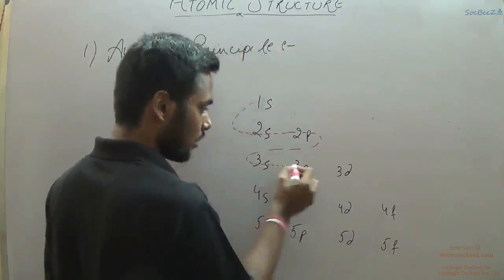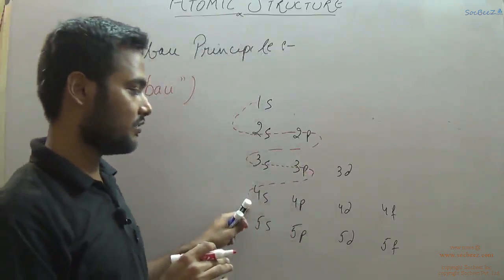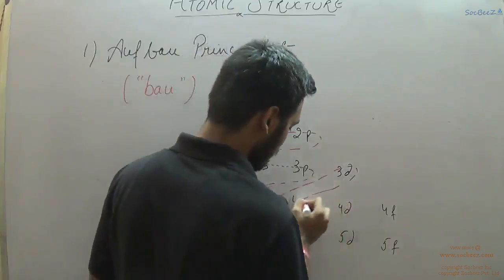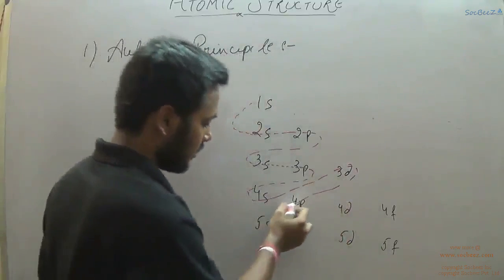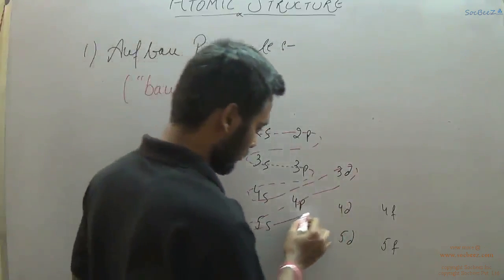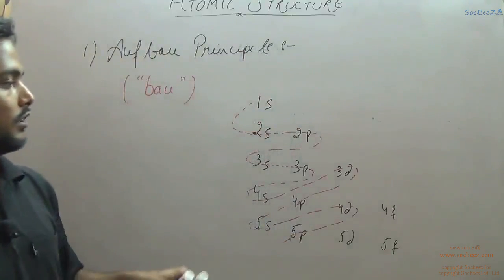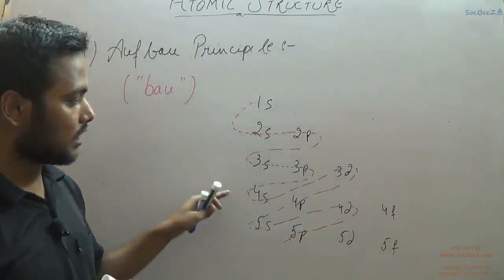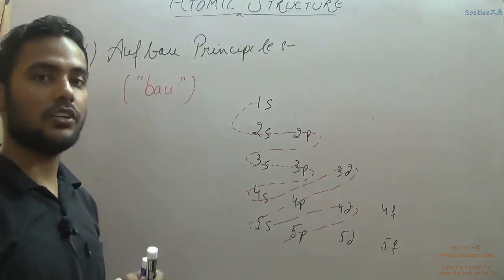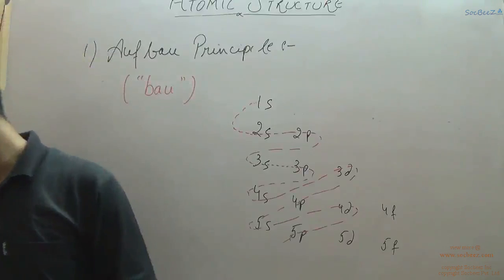After 3p, 4s is filled, then it goes to 3d, then 4p, then 5s, then 4d, then 5p, and so on. The electrons are filled in this manner because of the increasing value of n plus l. So this is the Bohr principle that we discussed just now.